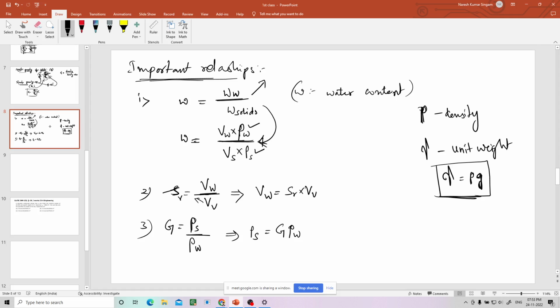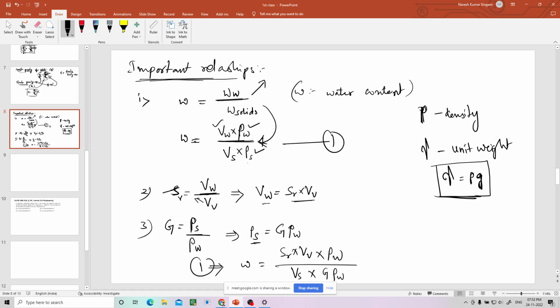Now can you substitute these values? In place of VW you put SR into VV, and in place of rho s you put G into rho w. So equation 1 becomes SR into VV divided by Vs into G, and the rho w terms cancel.